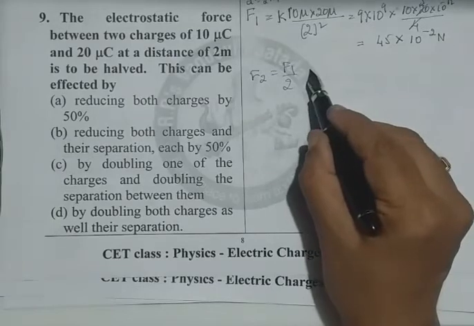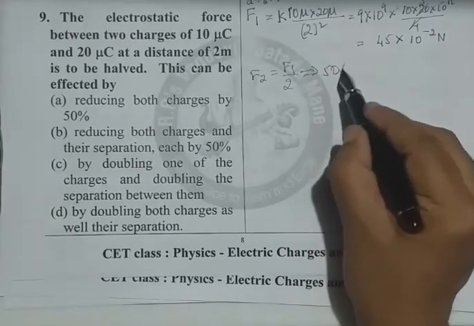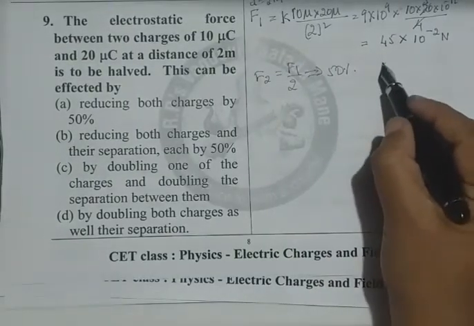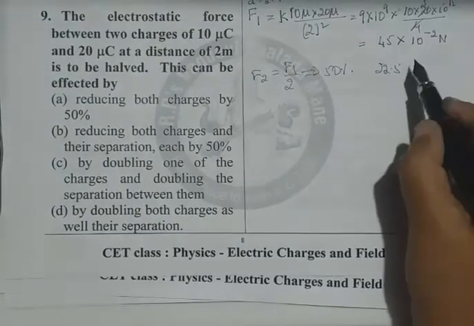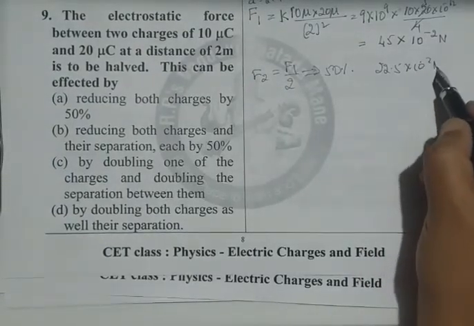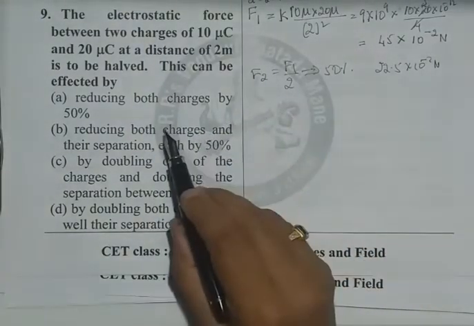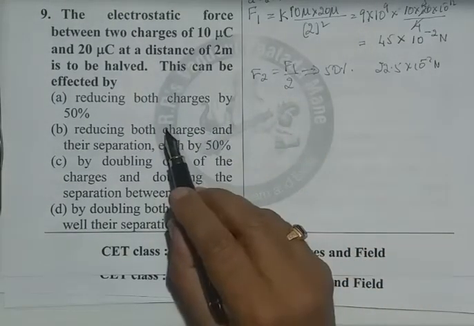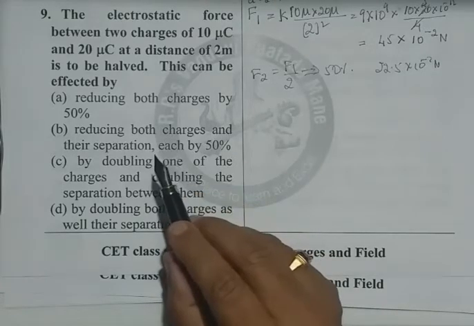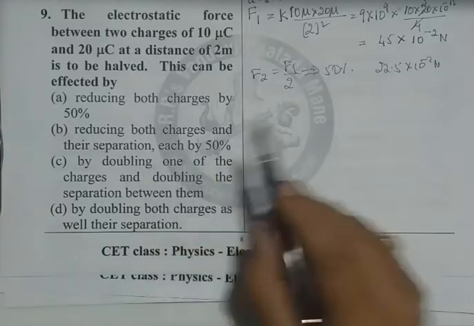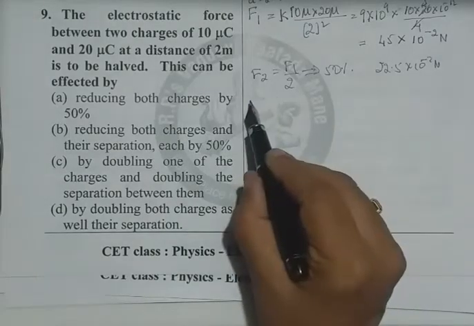That implies 50%, that implies 22.5 into 10 raised to minus 2 Newton. So we'll go one by one. Observe now.